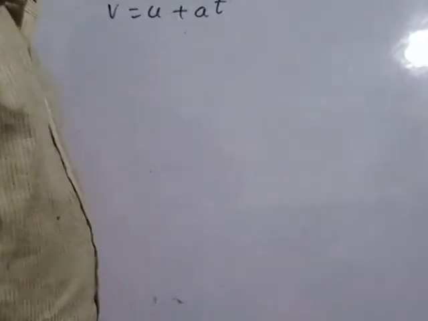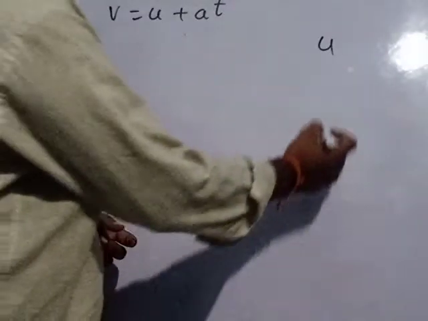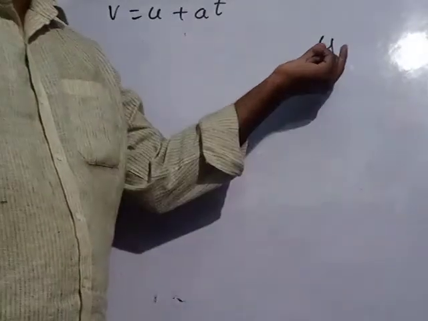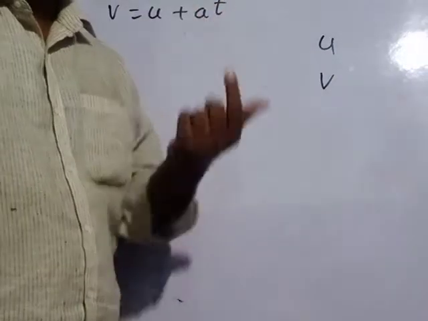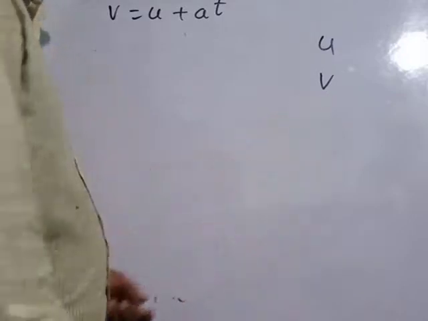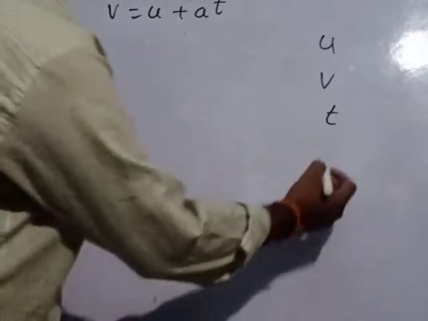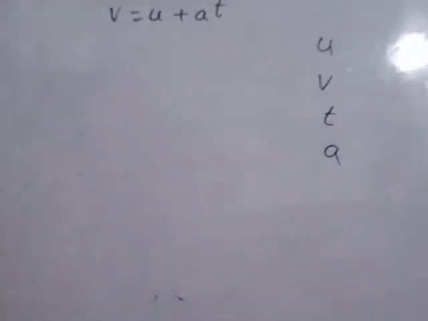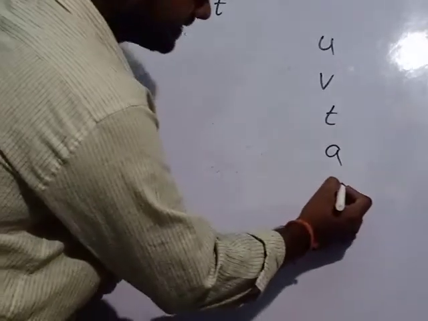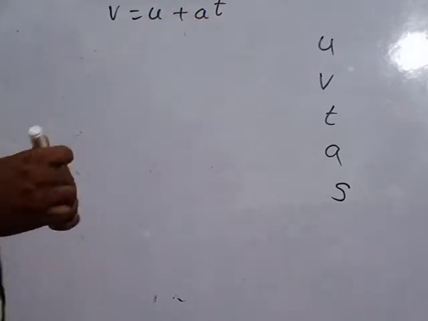When an object moves with the initial velocity U and the final velocity is V after time t seconds, and the acceleration of the object is A, and after t seconds the displacement is, for example, S. Clear? Now derive the formula V is equal to U plus AT.